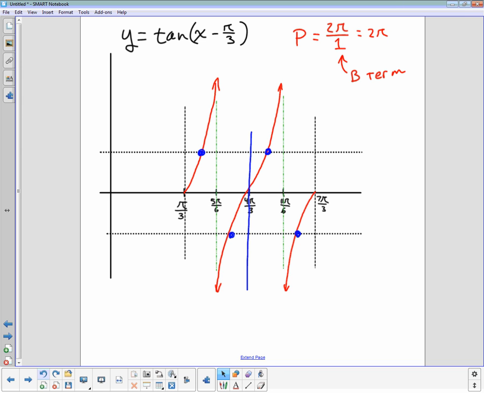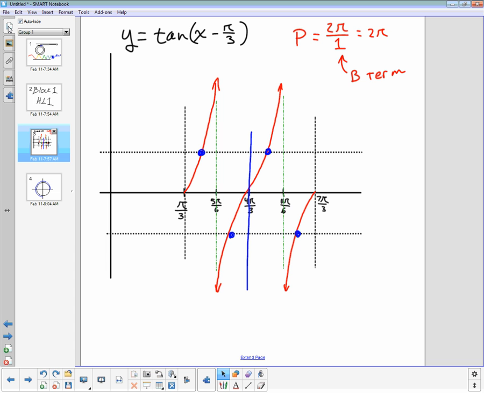Okay. Since we're here, I'm going to show you what cotangent looks like. Okay? Cotangent looks remarkably similar. Actually, I'm going to go ahead and just clone the page.